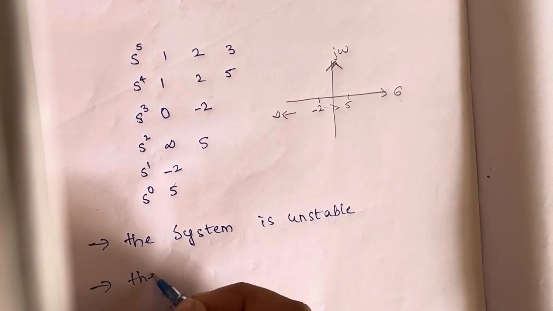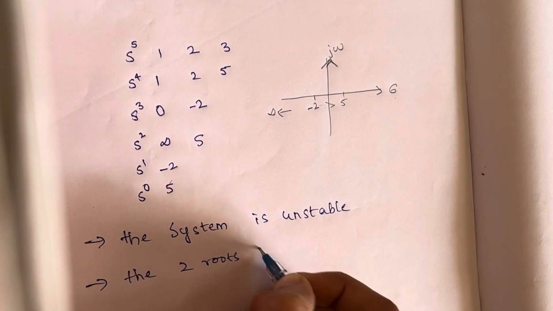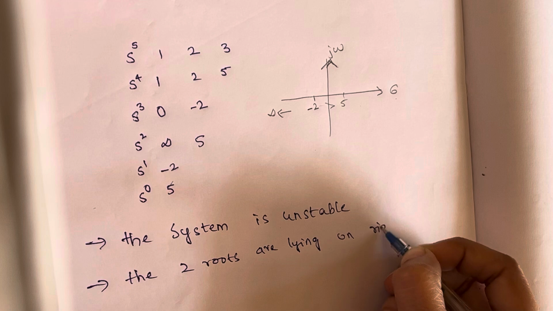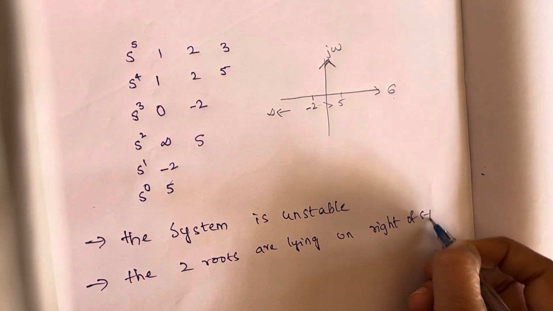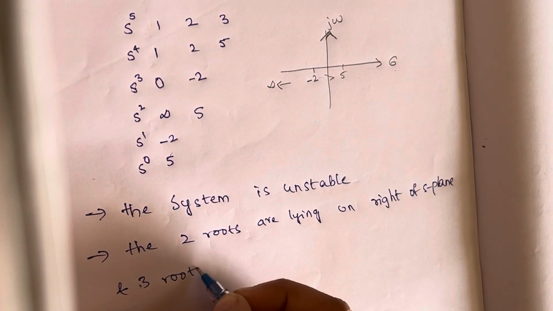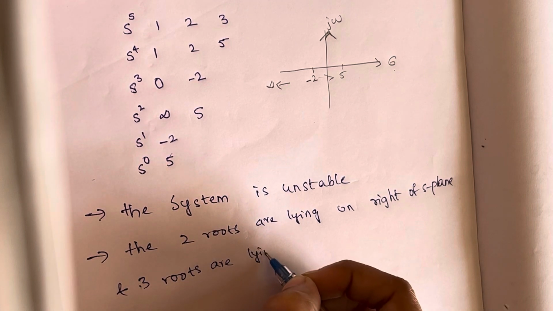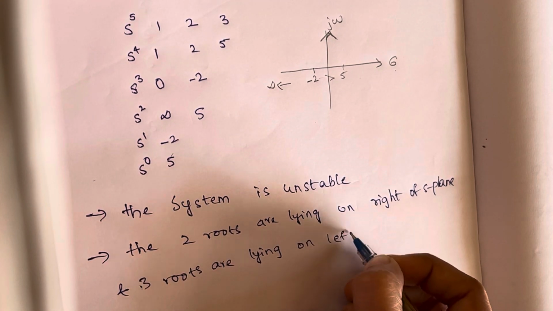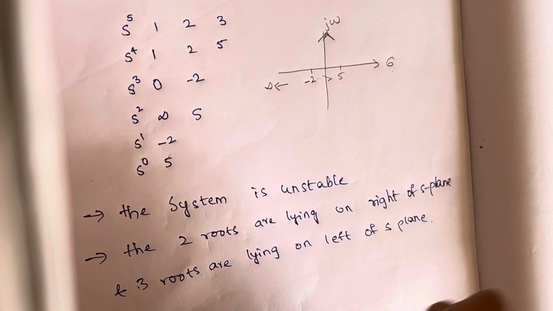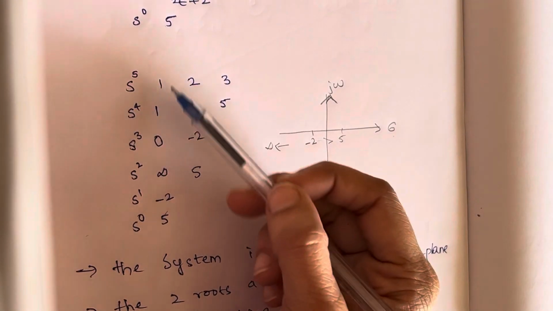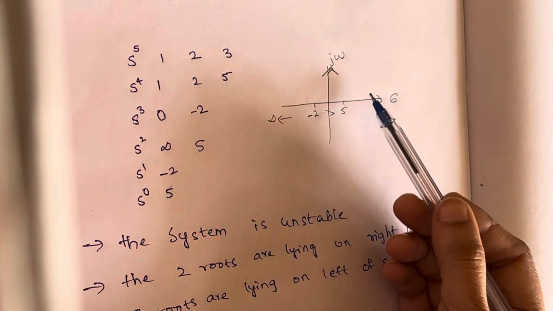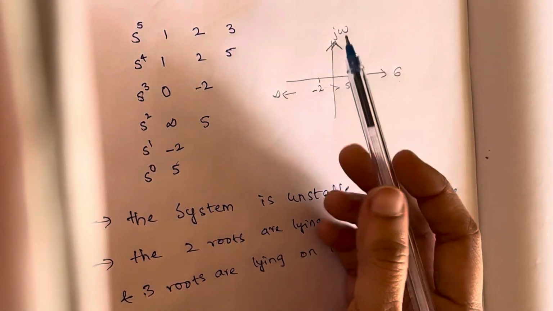Because two roots are lying on the right of the S-plane and three roots are lying on the left of the S-plane. In total we have S power 5, so 5 roots exist. Of those 5 roots, 2 roots are lying on the right side and the other 3 roots are lying on the left side of the S-plane.